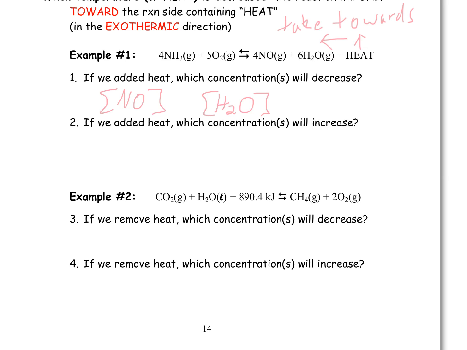So when we added heat here, we added energy. These molecules started colliding a lot more often. When they collided a lot more often, it produced more of this. By producing more of this, we used up this. That's why their concentrations went down. That's why these concentrations will go up. Concentration of NH3 and the concentration of O2. We shift towards the reactant, so we produce more of them.